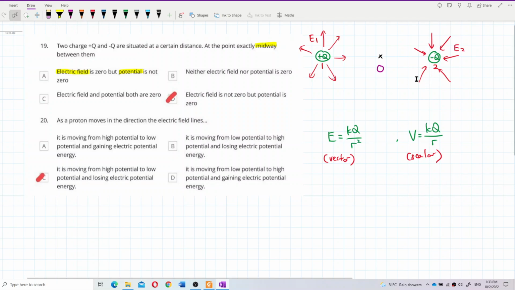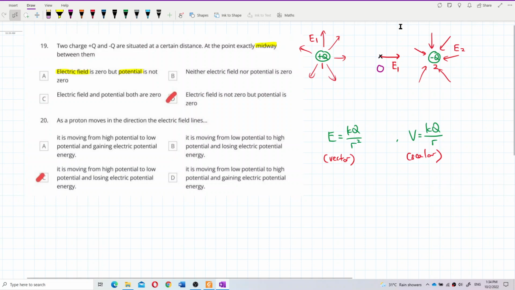At point O, let's draw the electric field from charge 1. It's going away from the positive charge. That means electric field E1 is going to the right, away from the positive charge. Understand? Whereas for the negative charge, electric field E2 is going towards the negative charge.